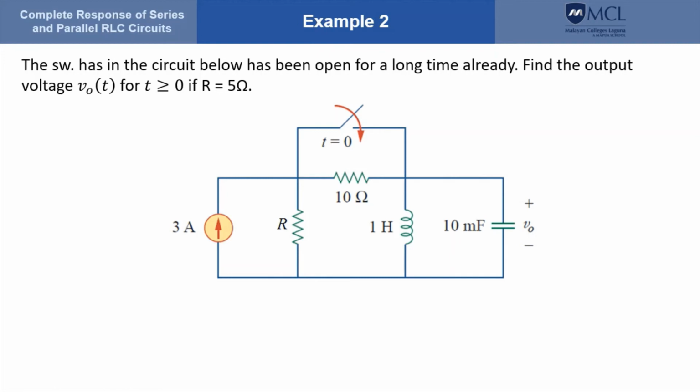Here we have a circuit where the switch is in parallel with a 10 ohm resistance. The switch has been in the open position for a long time already. So the circuit is in steady state while the switch is open. We are required to find the voltage V naught across the capacitor.